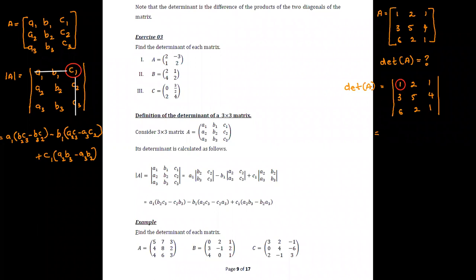The value is 1, and then cut off the row and column associated with this value, and then take the difference of the products. Therefore, the value here is 1, then take the difference: 5 times 1, minus 2 times 4. Then the second quantity has to be connected using a minus sign.